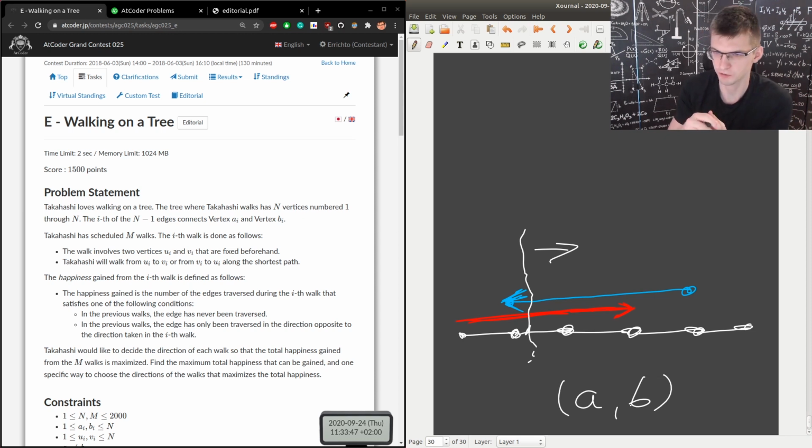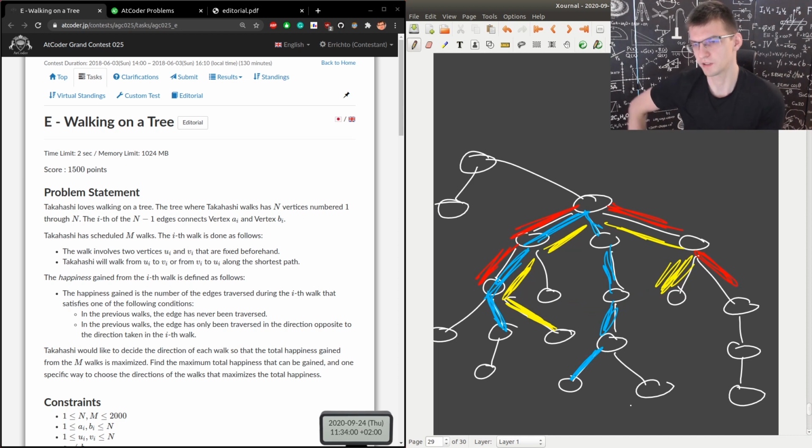So for any new thing, I just increase the smaller value. Yep. Okay, that was easy for a chain.